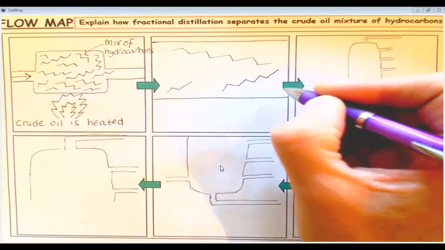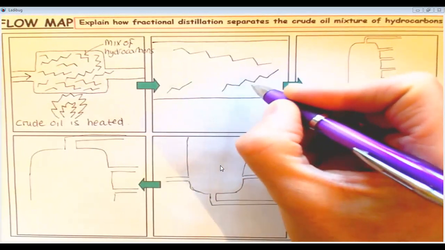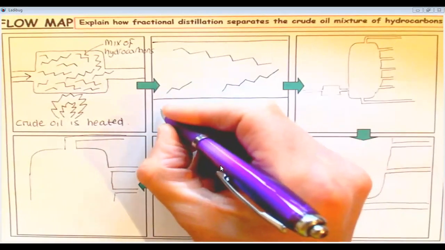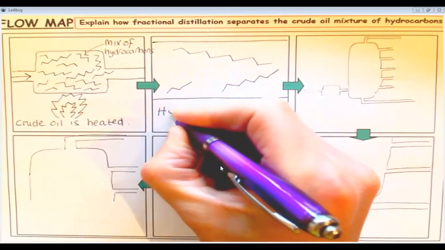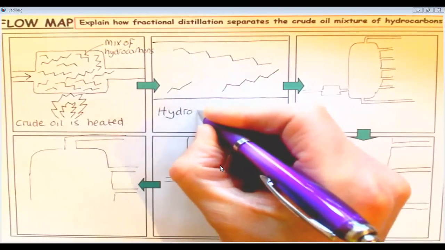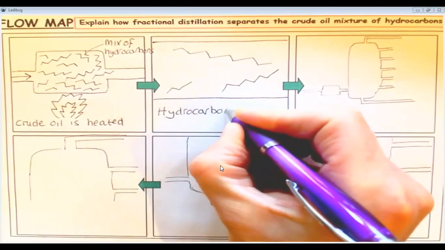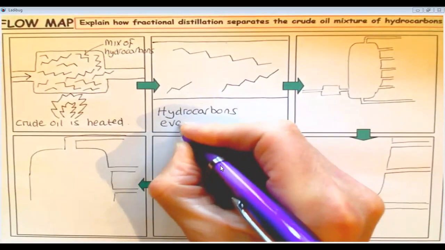So I've tried to represent that with the hydrocarbons slightly further apart. So I'm going to write here hydrocarbons evaporate.